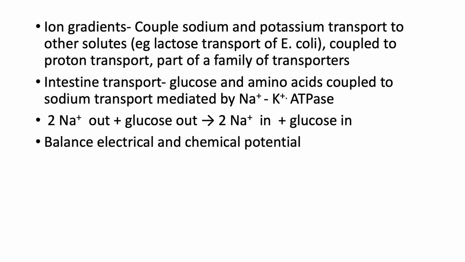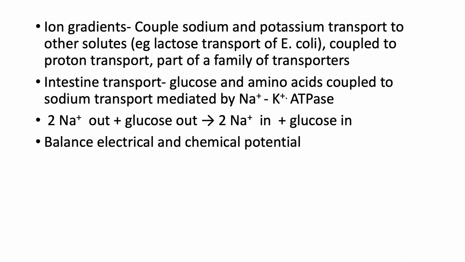Ion gradients: you can couple sodium and potassium transport, the sodium potassium pump. These can be coupled to other solutes, for example, lactose transport in E. coli. You can couple it to proton transport and make it part of a family. There's also intestinal transport, so glucose and amino acids are coupled to sodium transport mediated by sodium potassium ATPase.